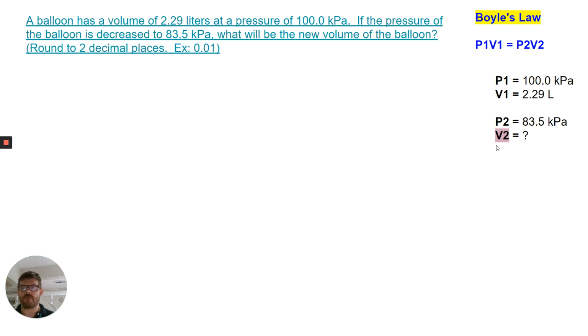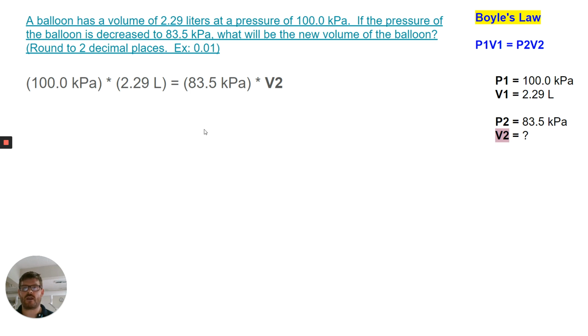So here I've identified all the variables, and now I'm ready to put them into the equation. P1 times V1 equals P2 times V2, which is our unknown. So we've got to get V2 all by itself.